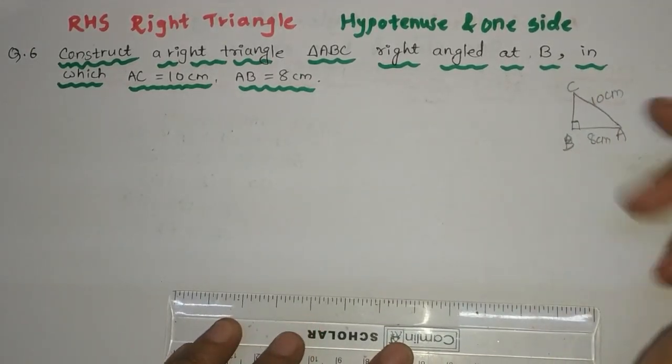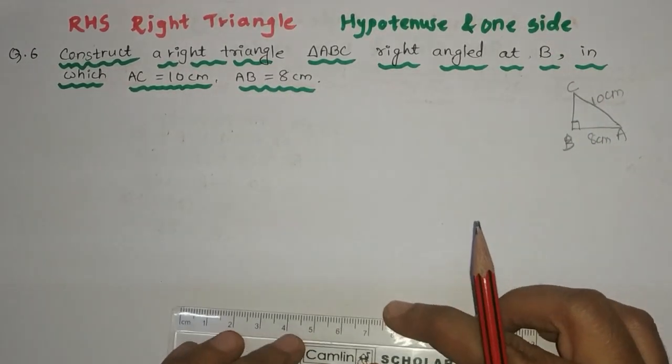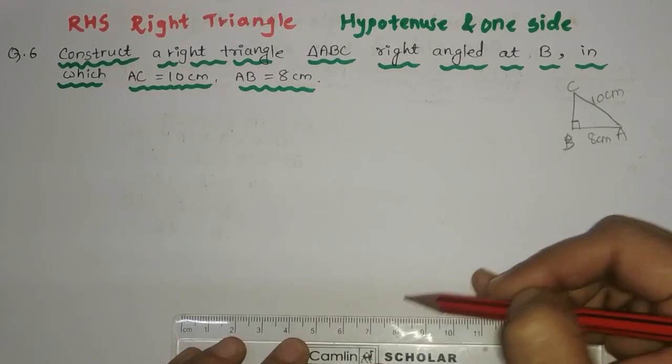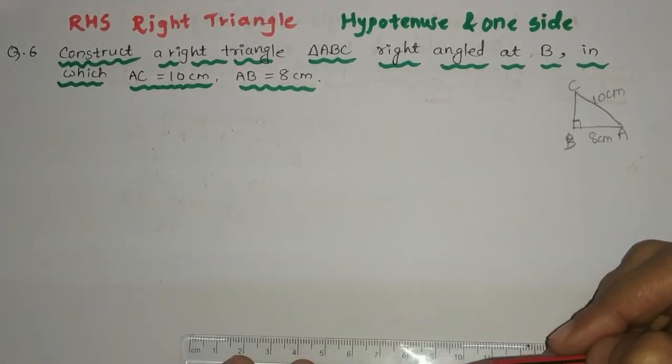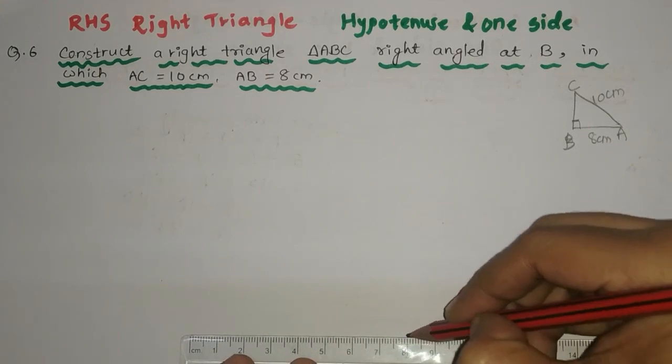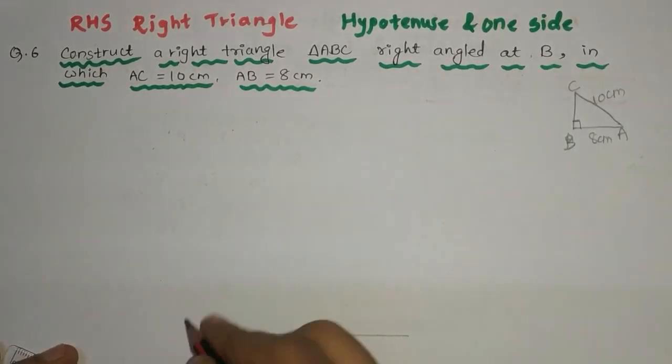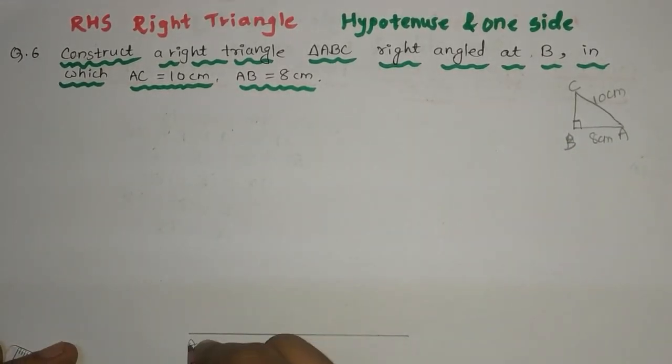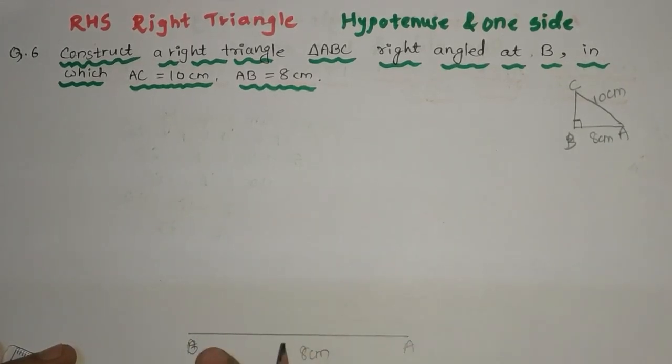So first of all, we'll make AB here 8 centimeter. This is our AB. We'll take here AB 8 centimeter. So at B, now we have to make a right angle.